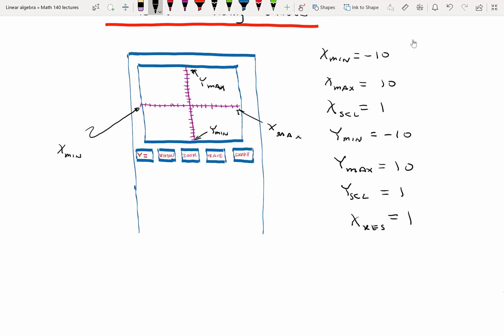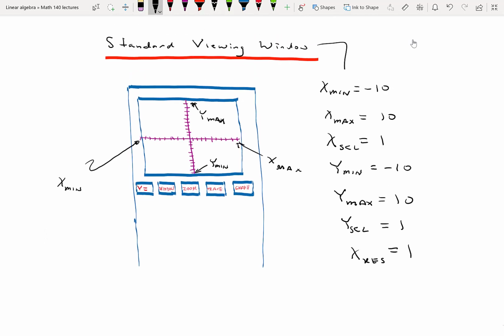Honestly, I just don't know what it does. Okay, so this is what you see, as you can leave the x-res at 1 and it won't change anything, as far as I can tell over the past 20 years of using this calculator. Okay, so this is your standard viewing window. These are the numbers corresponding to the standard viewing window, and we change these numbers depending on the function.